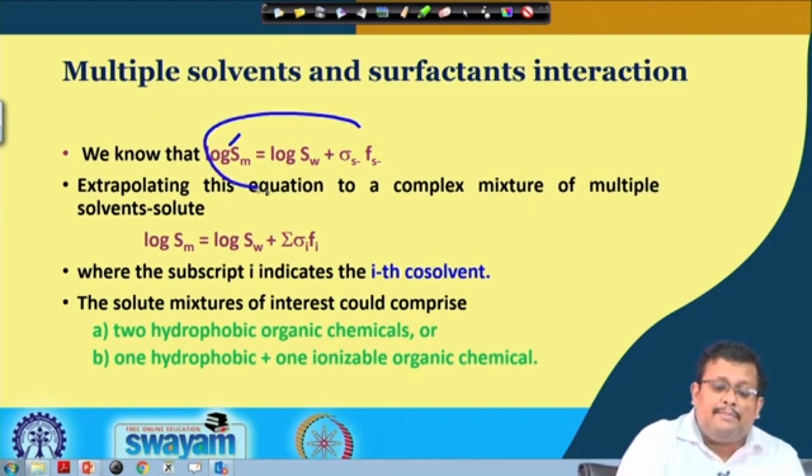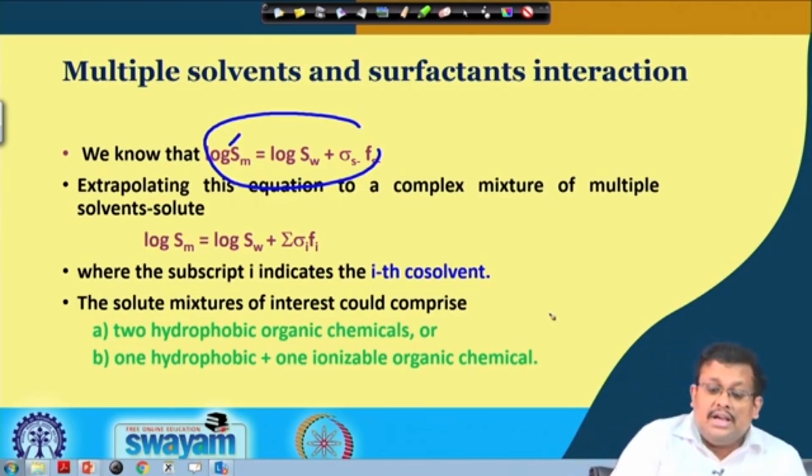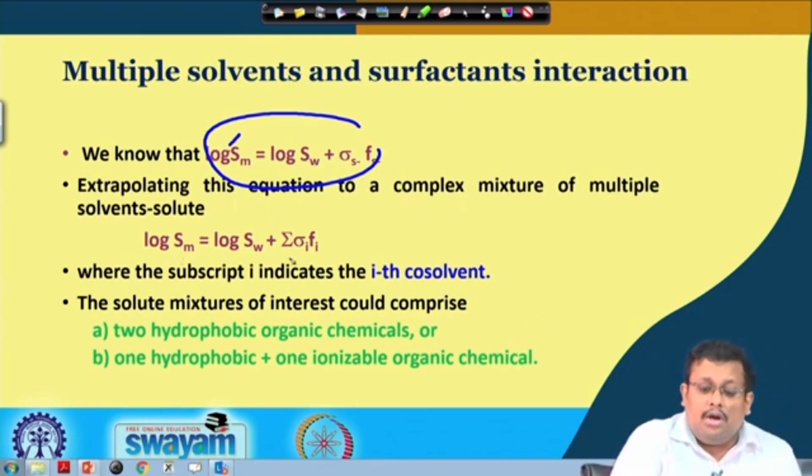Now, if we extrapolate this equation to a complex mixture of multiple solvents and solutes, then we get this relationship: log Sm equals log Sw plus the summation of sigma i Fi, where the subscript i indicates the ith co-solvent.